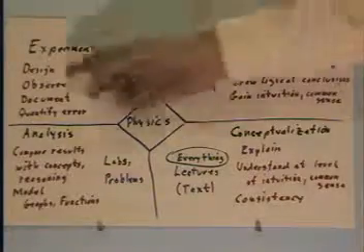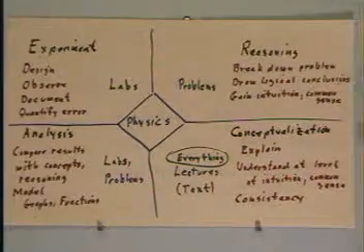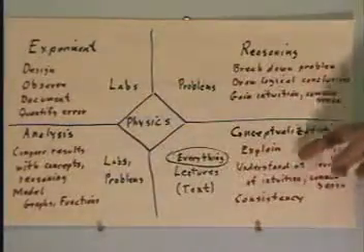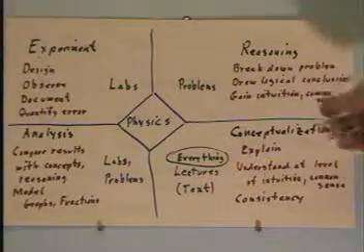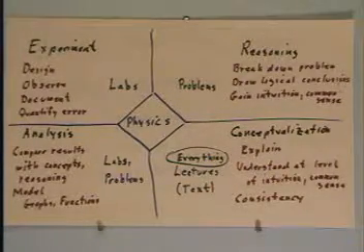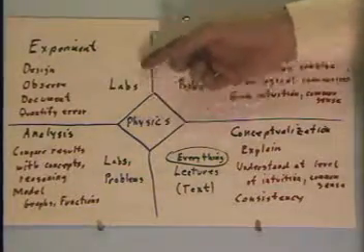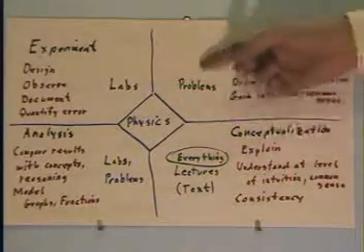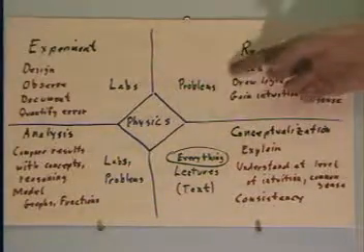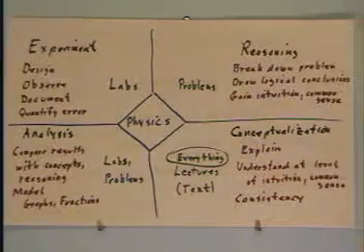But let's talk about the relationship between experiment, reasoning, problem solving, analysis, and conceptualization. Because the way this course is designed, the central part of the course is centered around lab experiences where you do experiments and analyze them, and problems, especially the introductory problem sets and the problems in your text for those of you who will have text problems.